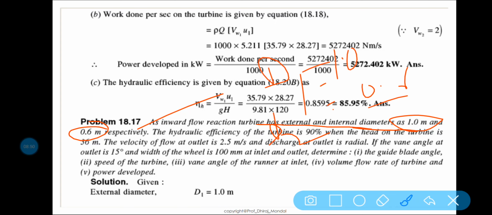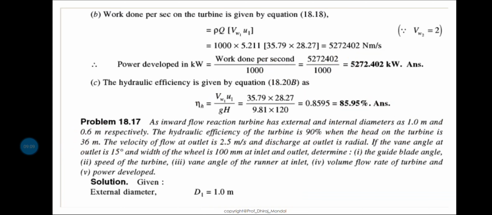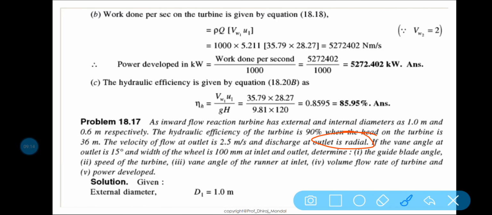The hydraulic efficiency of the turbine is 90%, so runner power by water power is 90%. When the head at the inlet is 36 meter, the velocity of flow at inlet is 2.5 meter per second, and discharge at outlet is radial. Radial means, again I am telling you, as this is given radial, that means beta is equal to 90 degree.